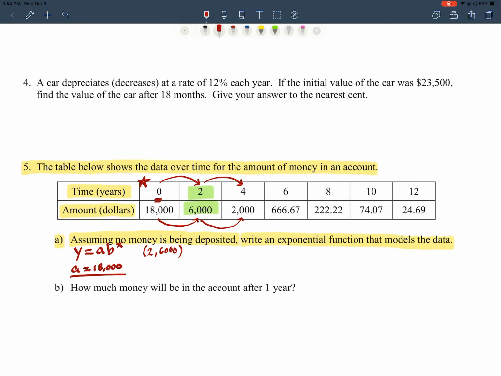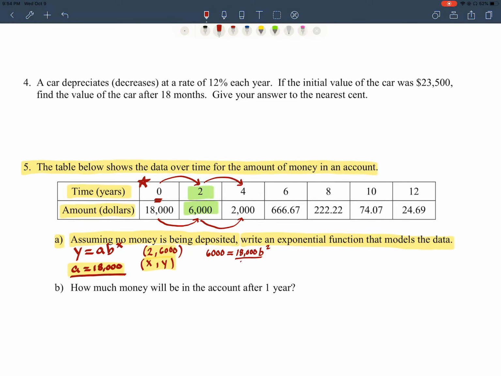We'll treat that like it's an x, y, and we're going to use that along with our a equaling $18,000, and plug it into that equation to solve for b. So here we go. We've got 6,000 is equal to our 18,000 times b to the second power.